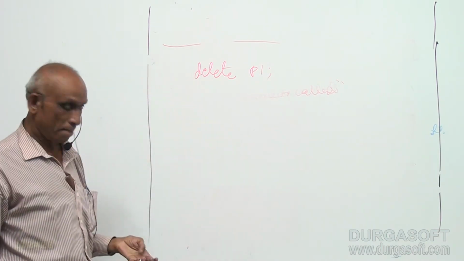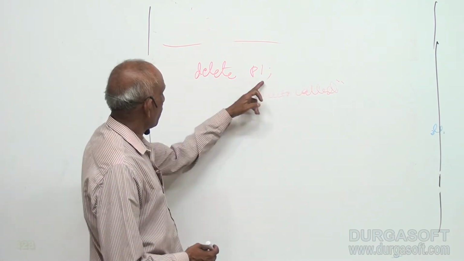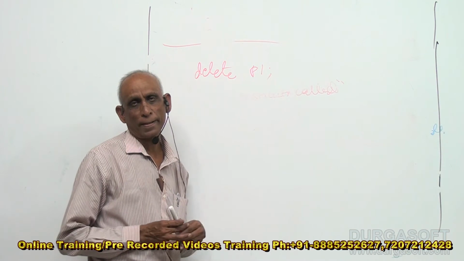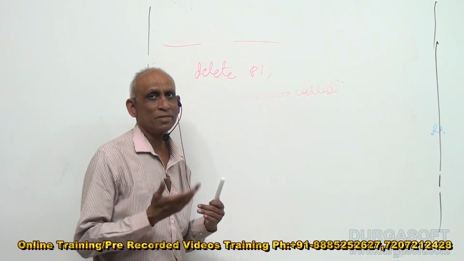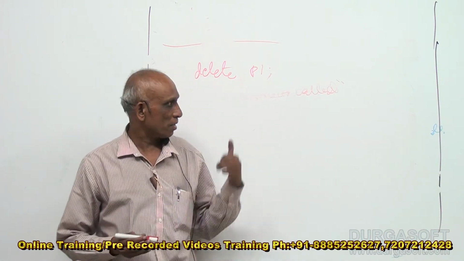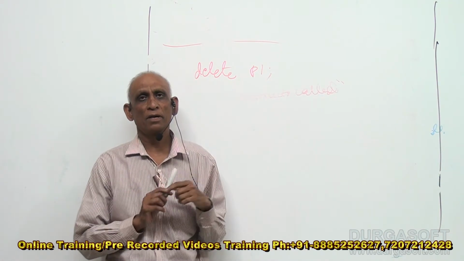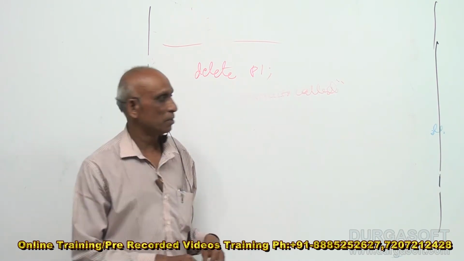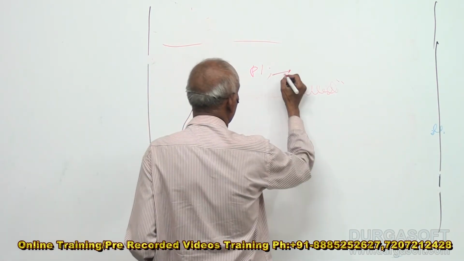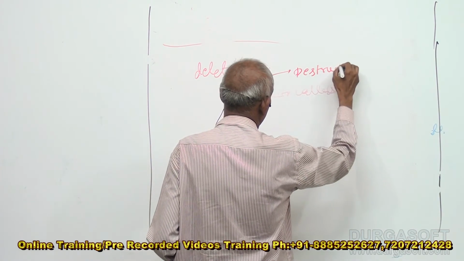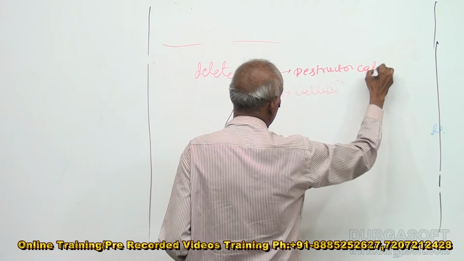So delete P1 deallocates just 1 object which was allocated. When the object is deleted, automatically the destructor is called, and we have displayed a message saying destructor called. So this will display destructor call.